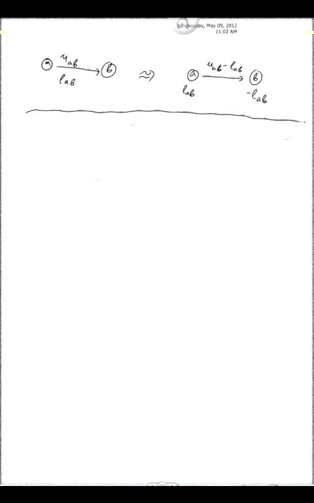But you can also think about this algebraically. This edge has a variable associated with it, YAB, that tells us the number of trucks going from A to B. And this variable is in exactly 4 constraints.